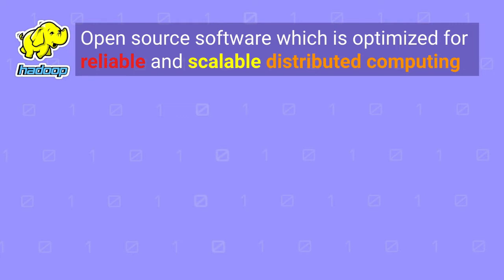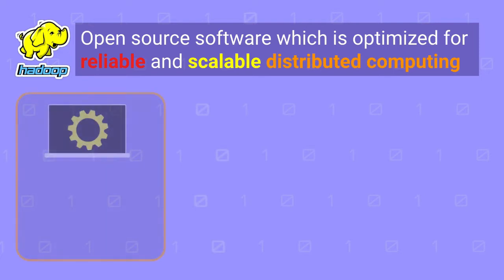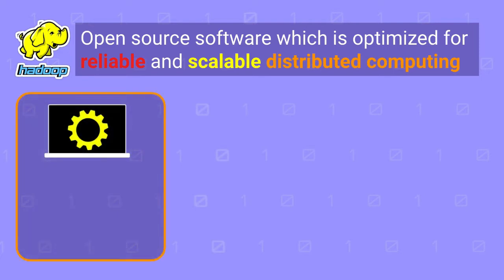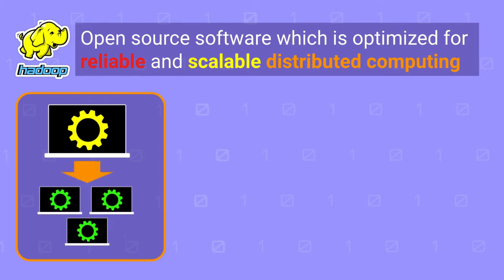Hadoop is an open source software which is optimized for reliable and scalable distributed computing. So what does that mean? Distributed computing means that instead of having a single machine carrying out a processing task, the task will be split and performed by several computers and then combined.